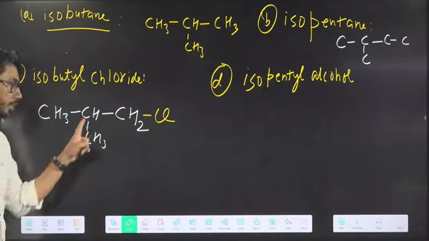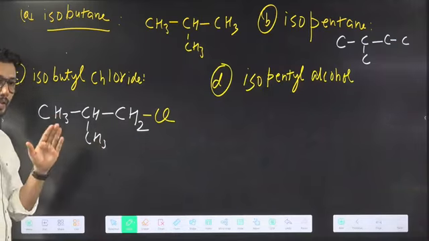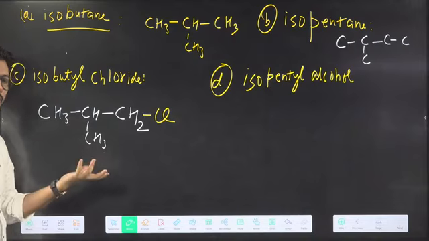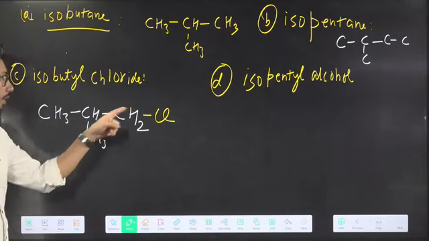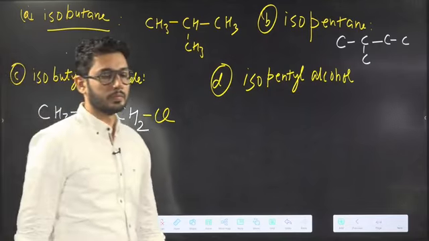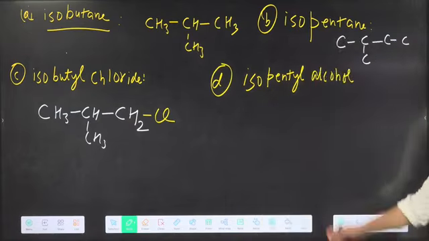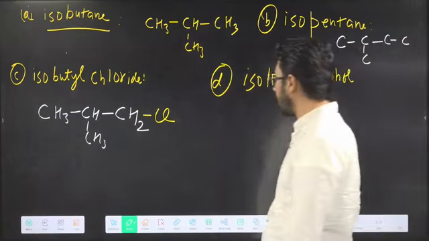This is iso, 4 carbons completed. Whatever group is given, halogen or functional group, it will be bonded to the primary carbon in this manner. Clear? Done. Next isopentyl, try in a similar way.